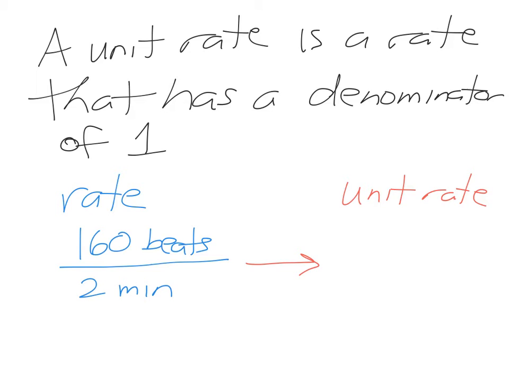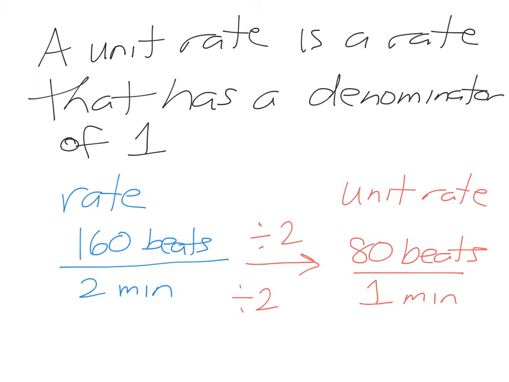To make the denominator 1, I'm going to take 2 and divide that by 2. So what I get is 1 minute. But if I divide the denominator by 2, then I better also divide the numerator by 2, because whatever I do on the bottom, I have to do on the top. 160 beats divided by 2 gives me 80 beats. So the unit rate in this case is 80 beats in 1 minute, or 80 beats per minute.